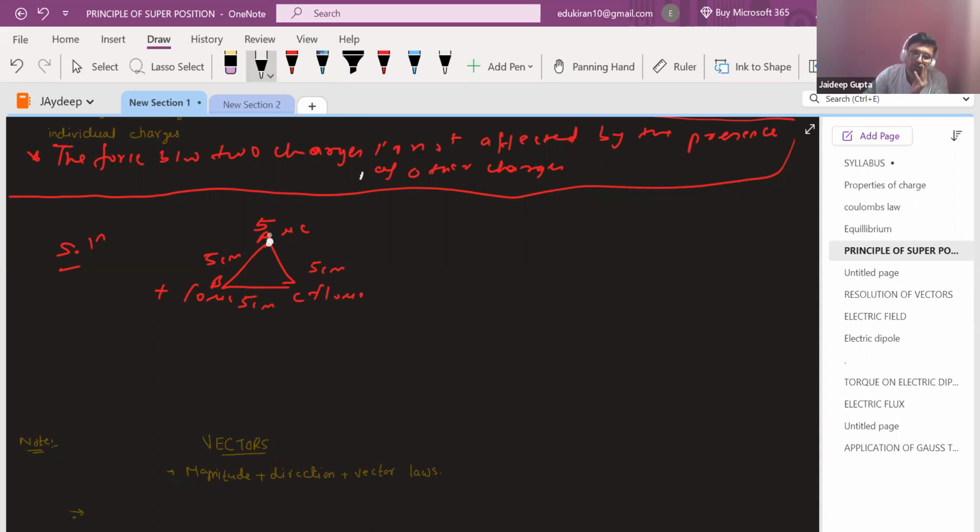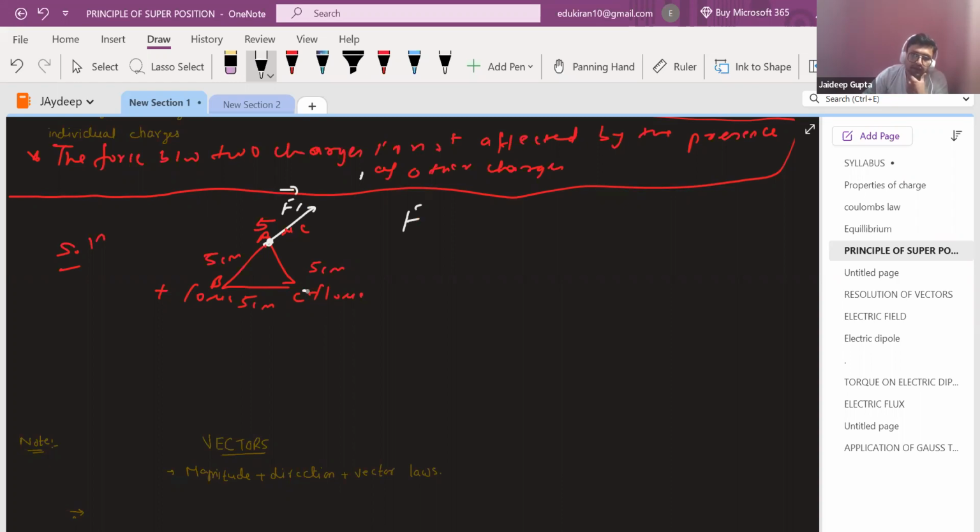If I have to calculate the direction of the force due to plus 10 microcoulomb on plus 5 microcoulomb, it is along BA or AB. Just remember, like charges push each other. BA, good. So due to this it would be like this, let it be F1.